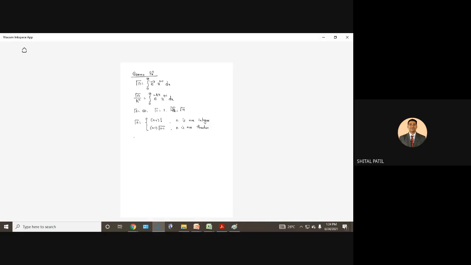As well as we studied this formula: gamma p times gamma 1 minus p equals pi divided by sine of p pi, where p lies between 0 and 1.